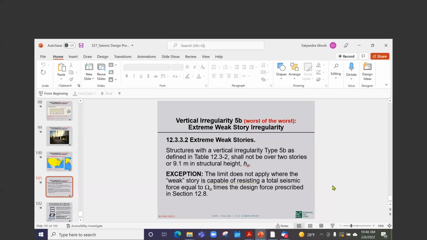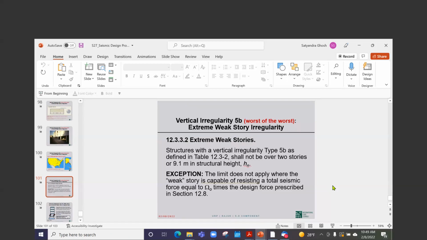So a true tubular structure you cannot build, definitely not in seismic design category D. Okay. Now, in lower seismic design categories, you can do it. What was the question?